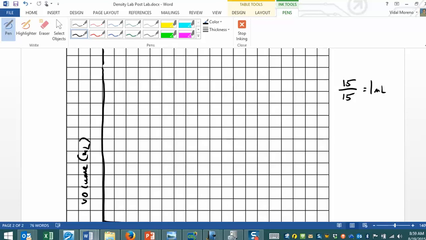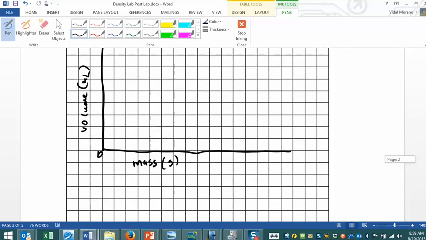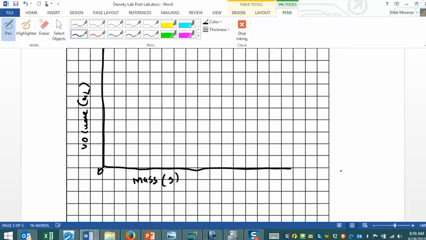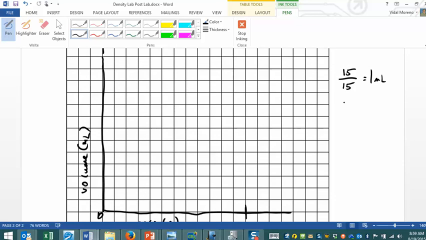Okay, for the mass, what's your biggest mass? Okay, 1, 2, 3, 4, 5, 6, 7, 8, 9, 10, 11, 12. So let's just go to 12. So that one is also by ones, right?